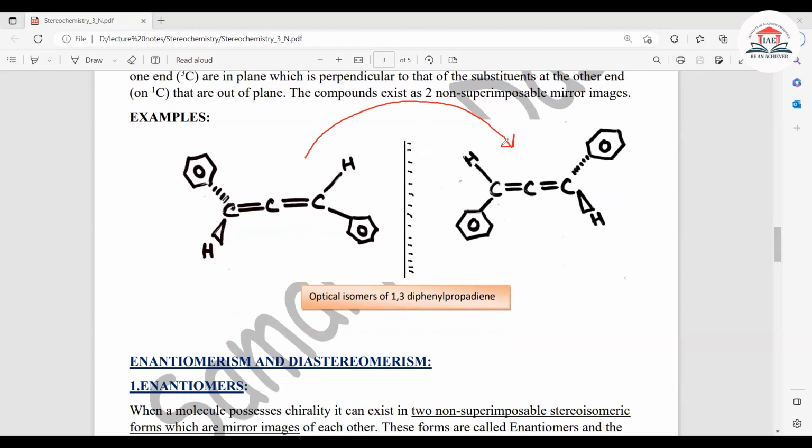They will be non-superimposable. Even if this phenyl group was at the bottom and the hydrogen at the top, even in that case it will not be superimposable, because the in-plane part will be coming onto the out-of-plane part, and vice versa. So therefore, it will never form a superimposable mirror image pair.